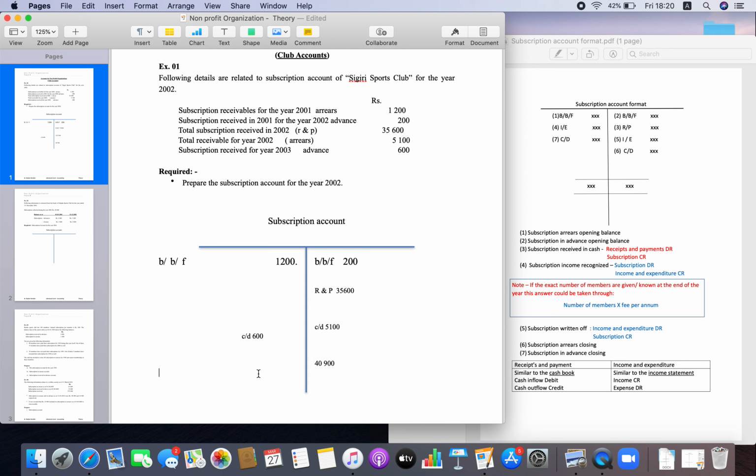Right, so therefore on debit side also now it has to be 40,900.